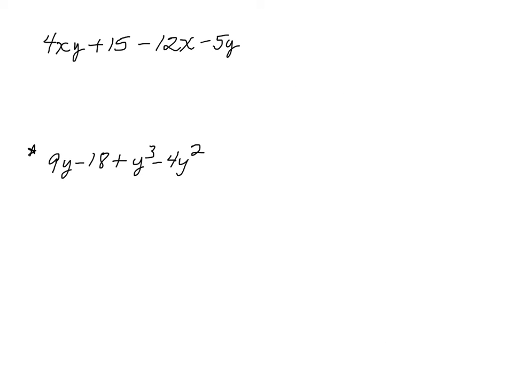I think one of the next ones will be similar. Okay, so we have 4xy plus 15 minus 12x minus 5y. Let's try to rearrange it and see what happens, because the way they are, you can't group them. If we put the 4xy with negative 12x and the negative 5y plus 15.